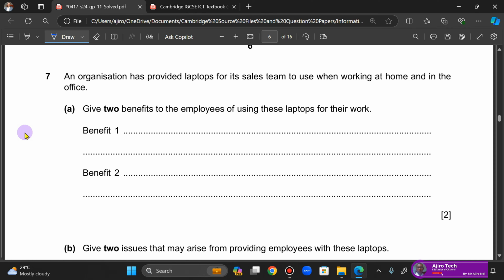Now, one of the benefits is that it does not require any form of external storage devices when transferring data to and fro, because you already have one laptop that you're using at home and in the office. Unlike some organizations that will have their own office laptop, and you have your own personal laptop at home.